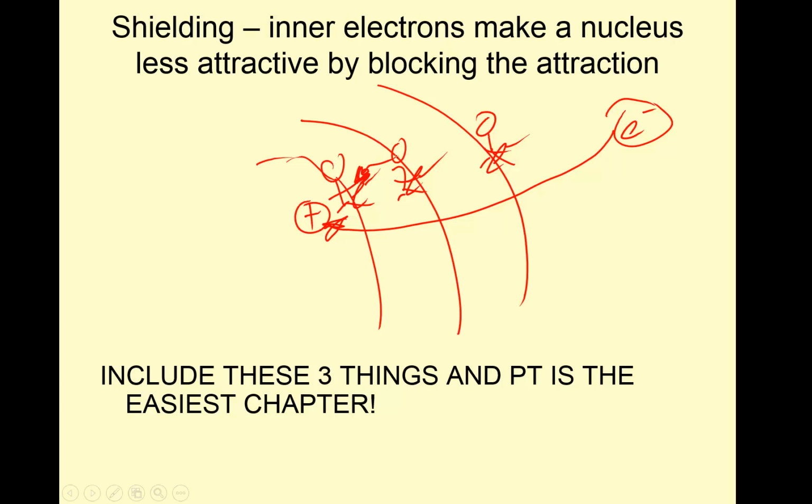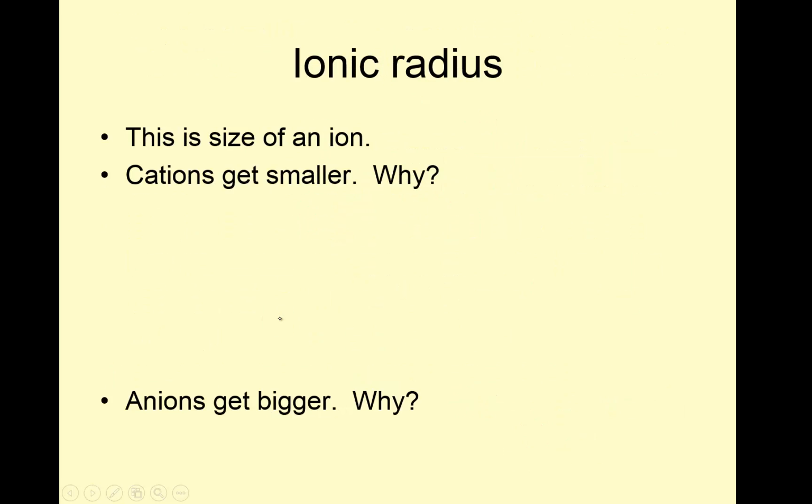They're less attractive because they scare you more. So include these three things: size, nuclear attraction, and shielding. The answer for every one of them is applying size, nuclear attraction, and shielding.